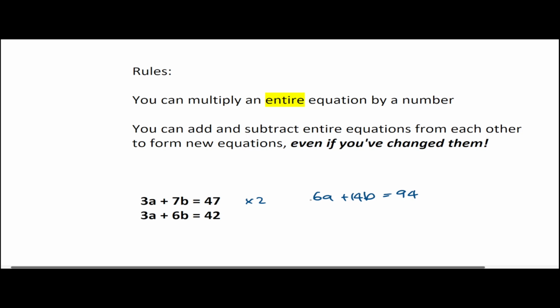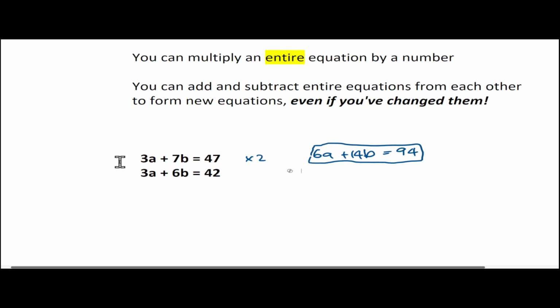We could then take this equation and use that, and we can still use the old equation. Okay, let's apply the second rule to solve this, and I want to get rid of either a or b. I'm going to get rid of a, and what I'm going to do is subtract this entire equation from this.